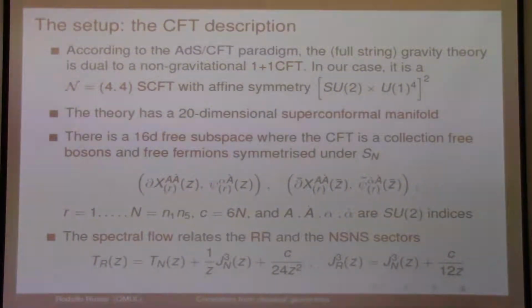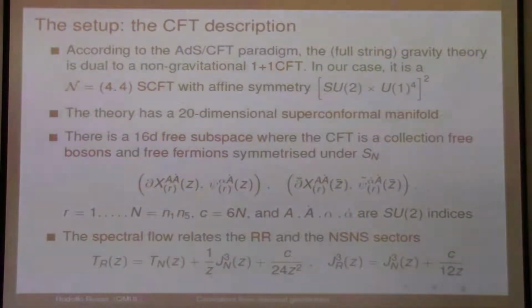And exactly as in N equals 4, you have a special case when g_YM is equal to 0, theta is generic, and that particular part of the conformal manifold is described by a free theory. This is true also in this case. You can dial down to a particular value 4 of these 20 parameters, and then you have a 16-dimensional subspace which is described by a free CFT, which is nothing else than a bunch of free bosons and a bunch of free fermions.